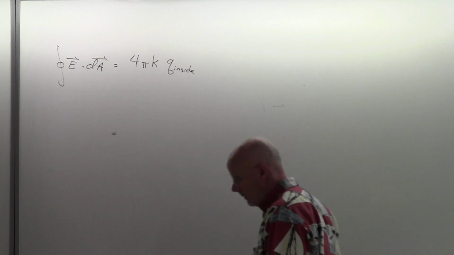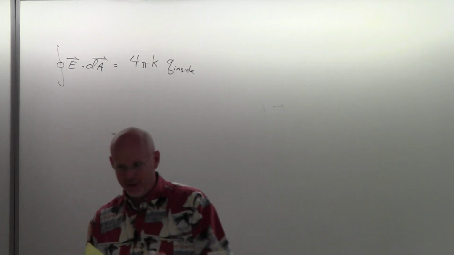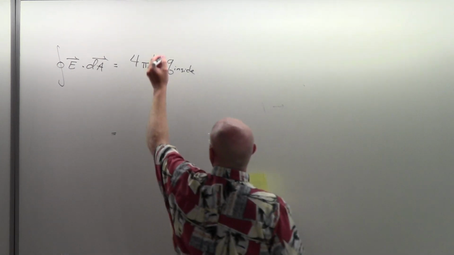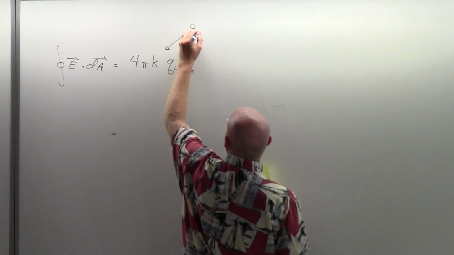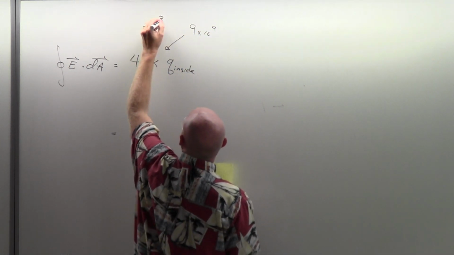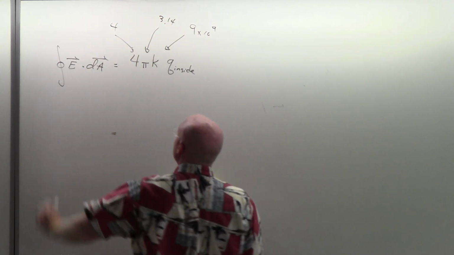Now, some of you will probably notice that this is not how it looks in your book. We take one more step. We already know that Coulomb's constant is about 9 times 10 to the 9th. You already know pi's a constant number that goes on. 4, that's a constant number.